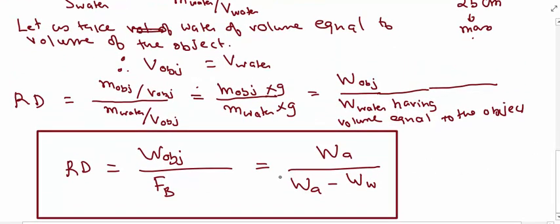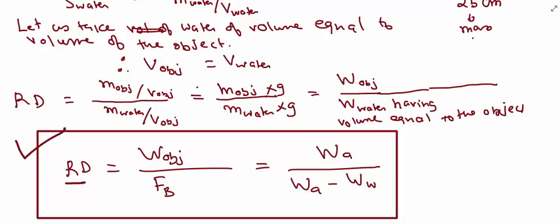Please note that for using this formula, the liquid has to be water. If you use some other liquid, then the formula will change. We will have to multiply that with relative density of that particular liquid.